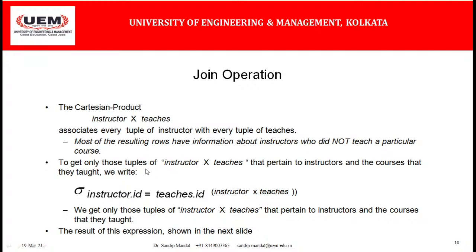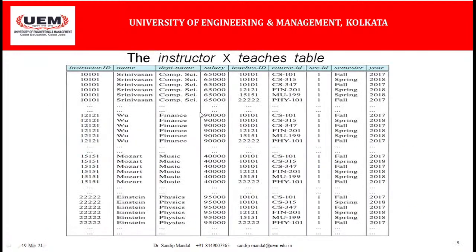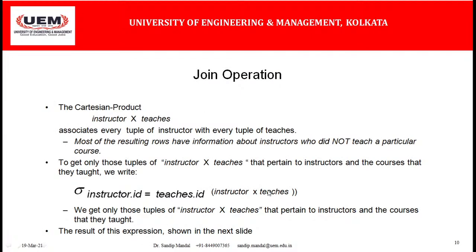So to get only those tuples where the instructor actually teaches the particular courses, we create this condition: from the Cartesian product of the instructor and the teachers, select only those tuples where the instructor ID clearly matches the teacher's ID.